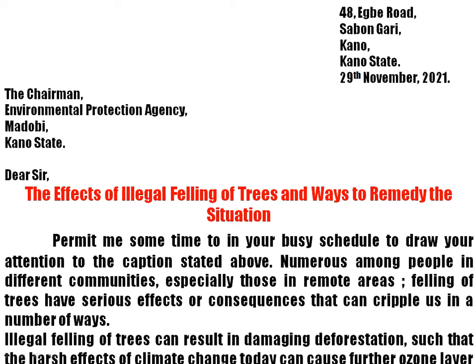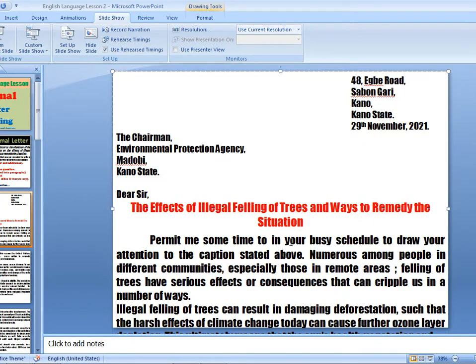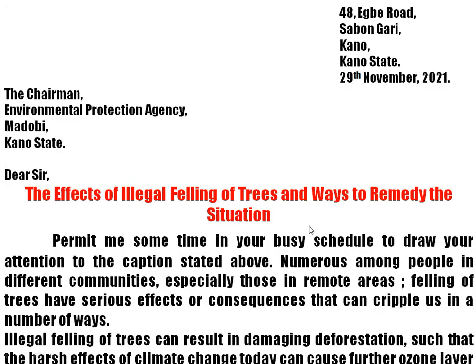Now look at the first paragraph. It should be: Permit me some time in your busy schedule to draw your attention to the caption as stated above.